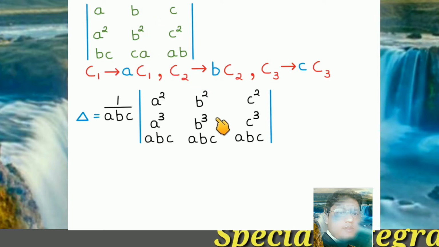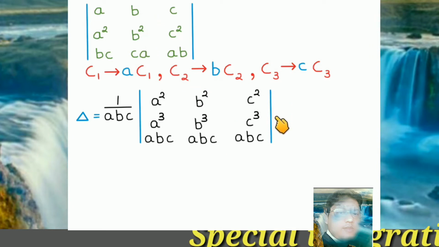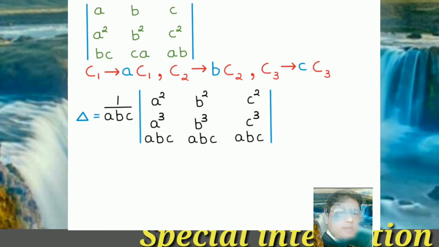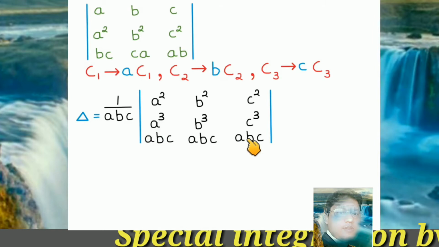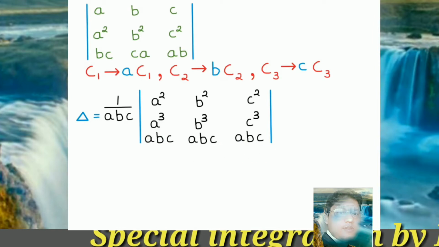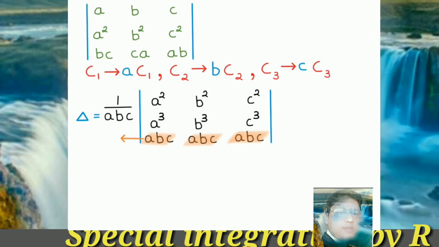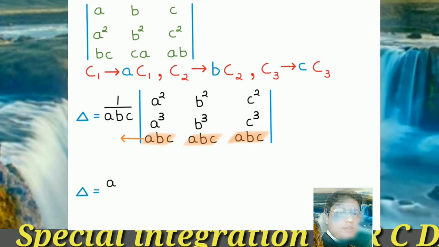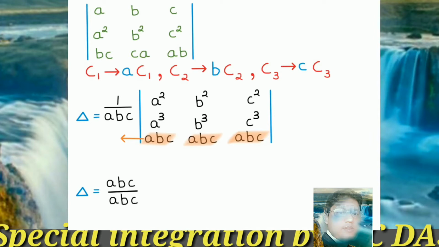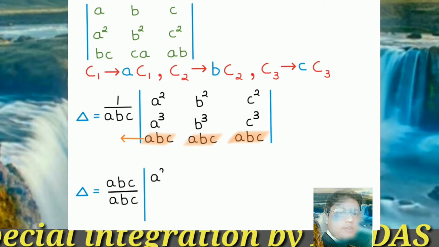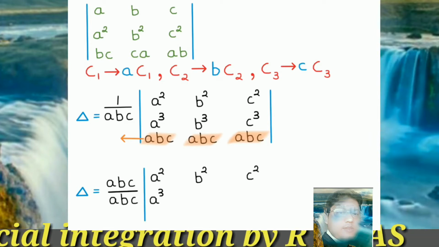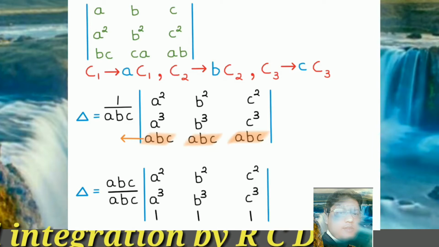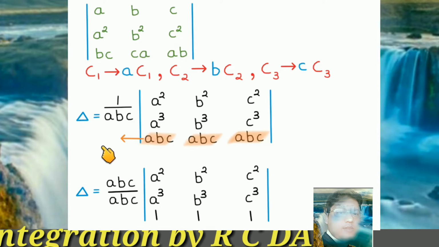Now, from R3 we can take the common ABC. If I take ABC common from R3, then I get A square, B square, C square; A cube, B cube, C cube; and R3 becomes 1, 1, 1.